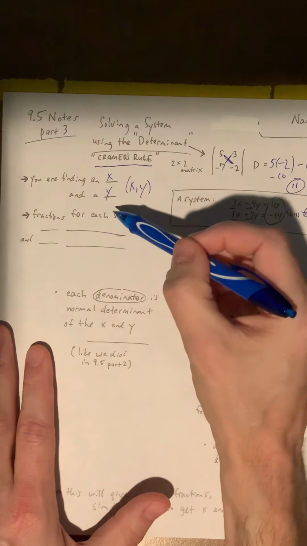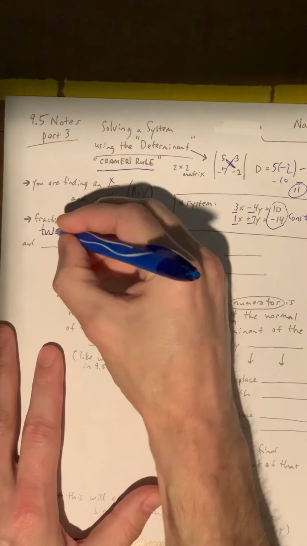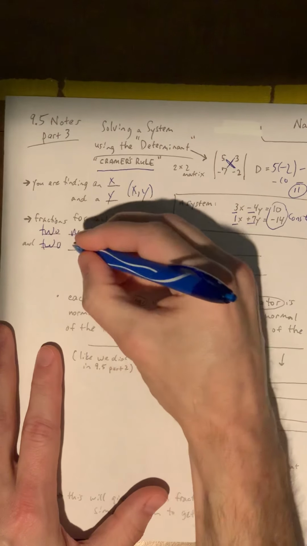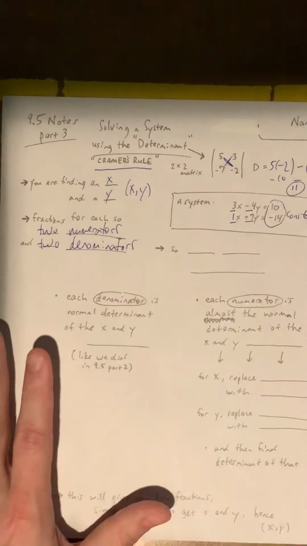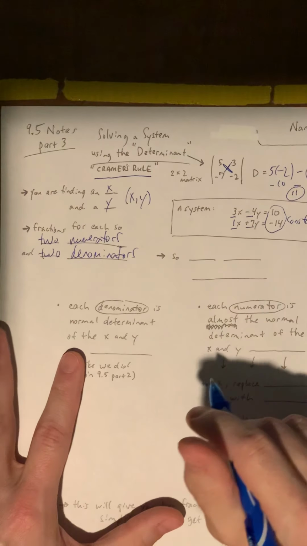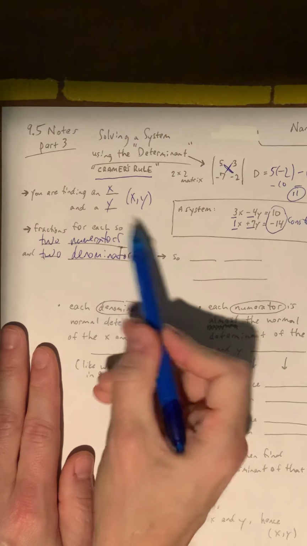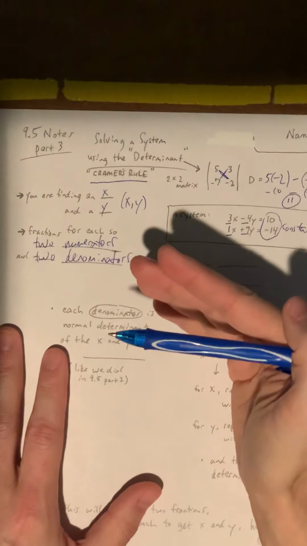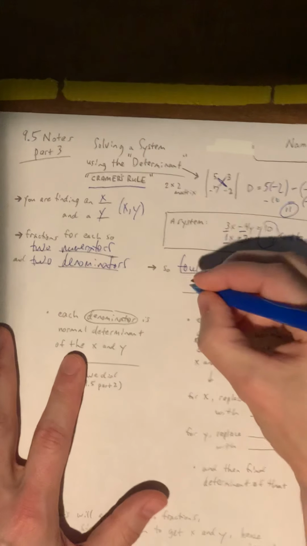So if you have 2 fractions to represent the 2 numbers, you're going to have 2 numerators and 2 denominators. The first thing you're going to do for all of these, as you'll see when we do the problems on the back, is since you need 2 numerators and 2 denominators to get your 2 numbers for x and y, 2 and 2 is 4. So you need 4 total numbers. So you're going to be getting 4 total determinants.